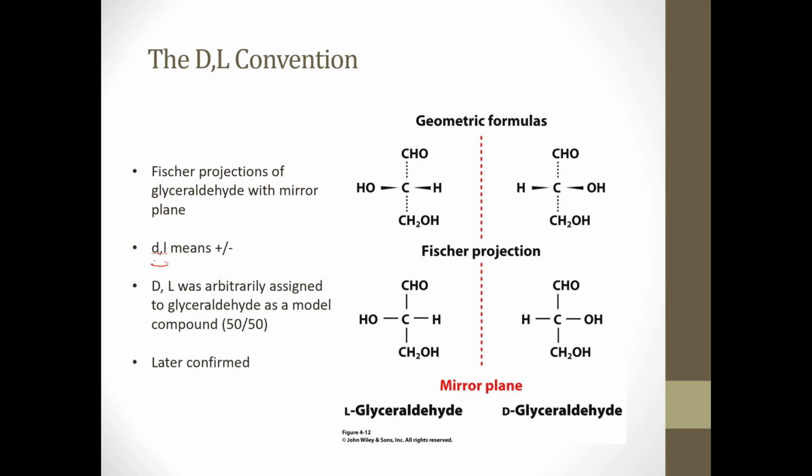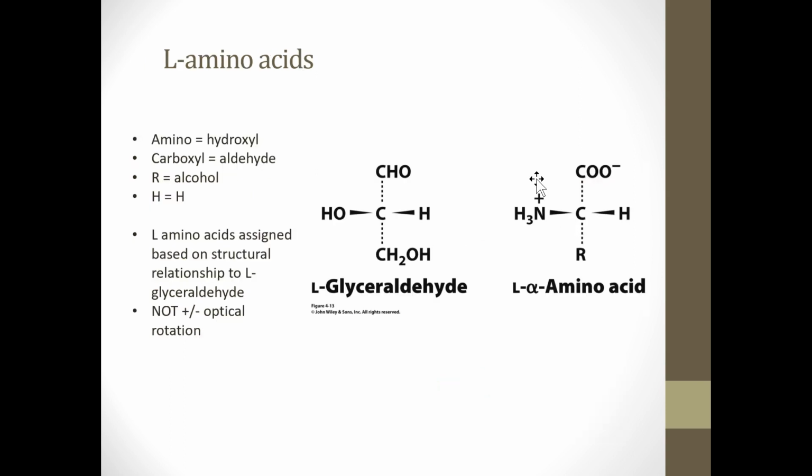However, the use of big D and big L does not inherently mean dextrorotary or levorotary when applied to compounds other than glyceraldehyde. So, you can see here, structure of glyceraldehyde. We've got our aldehyde, got our alcohol, got our other alcohol, and got a proton. So how does that correspond to an amino acid? Like this, oddly enough.